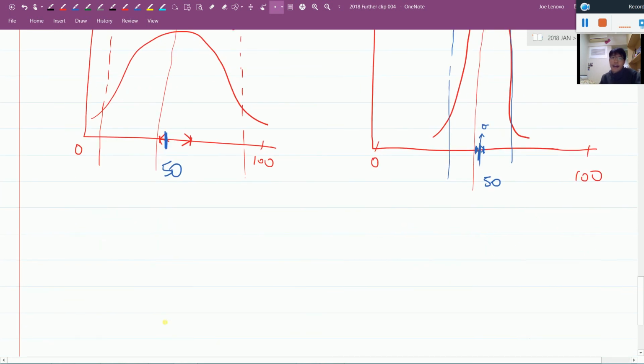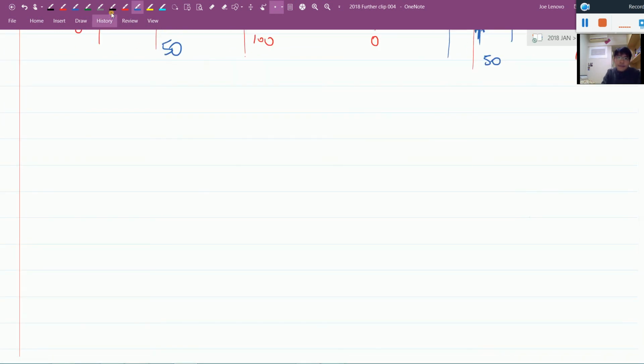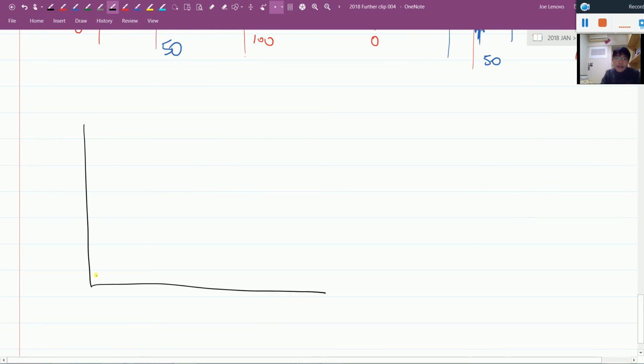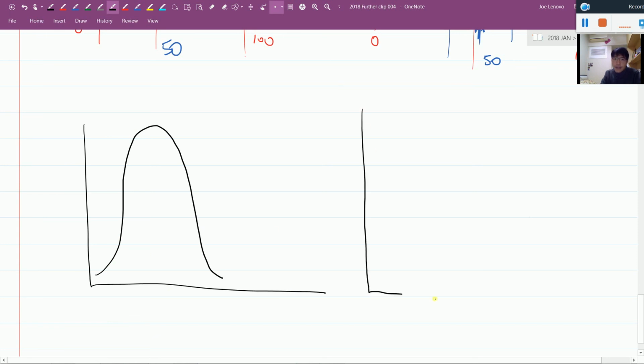So what if I have another graph, saying this one here and the other one saying this one there?